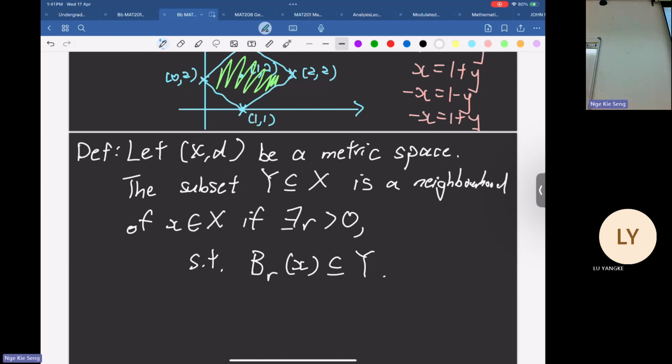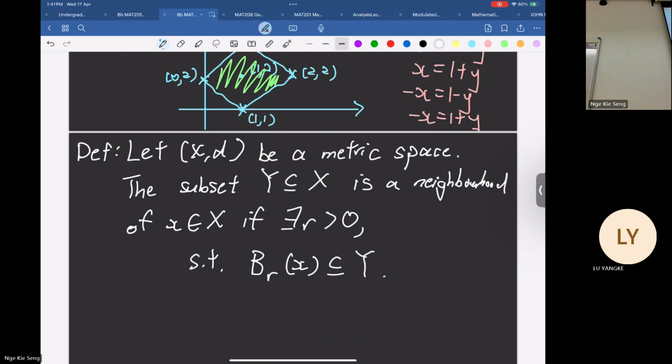So this is quite intuitive, right? For example, you stay in Taman Sansurian. Why do you say that Taman Sansurian is your neighborhood? Because you got a house there. The house contains you.